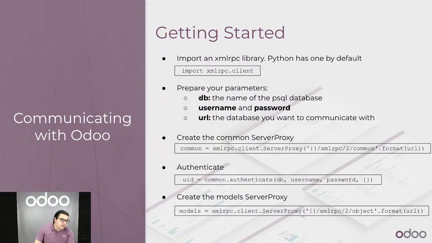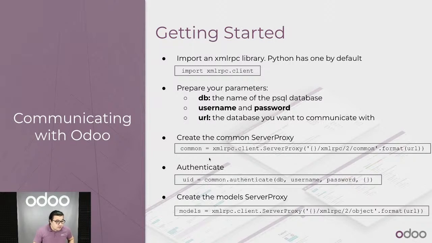Then you need to prepare the variables or the parameters that you need to connect to Odoo, namely the DB. The DB is not going to be the commercial term that we use, the Odoo databases. No, it's going to be the SQL database that is connected to Odoo. A username and a password, and those are basically a user login and a user password, an actual Odoo internal user. And last but not least, the URL.